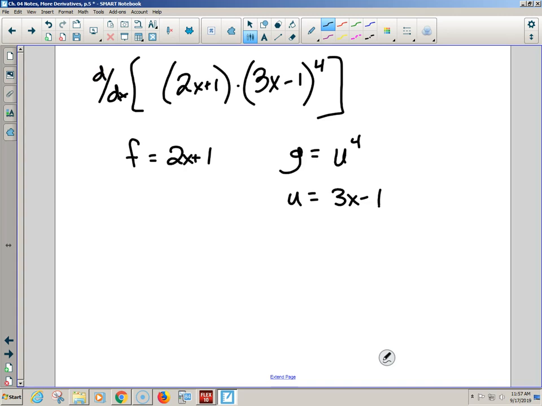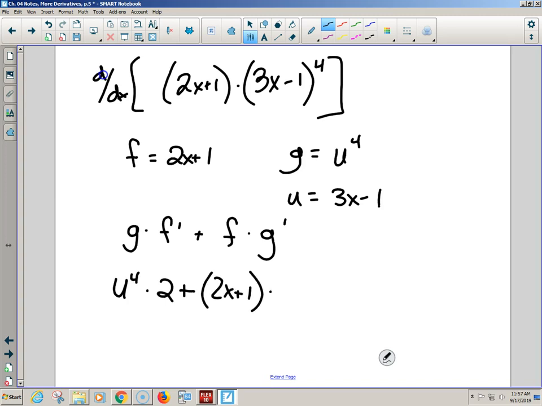So would they be able to do second, d first plus first, d second? I mean, you could, because for your g, you would have u to the 4th, times f prime, plus f, which is 2x plus 1, times g prime, which would be 4u cubed times 3, right?